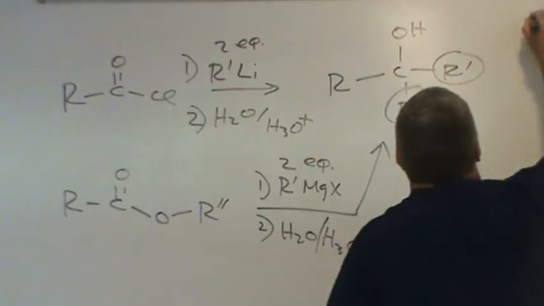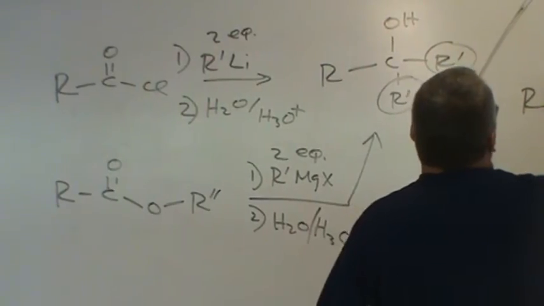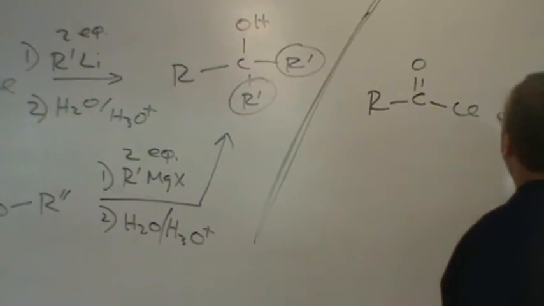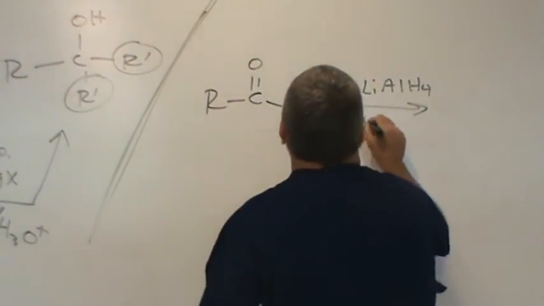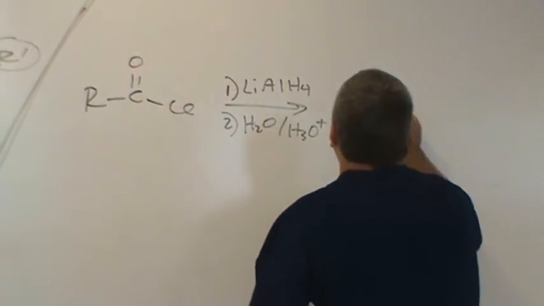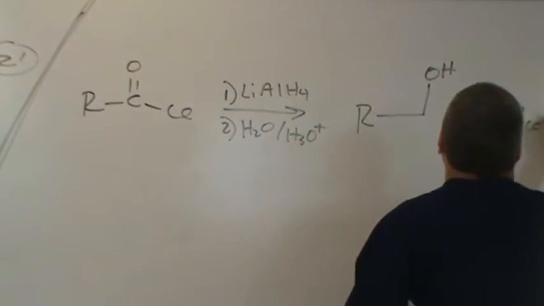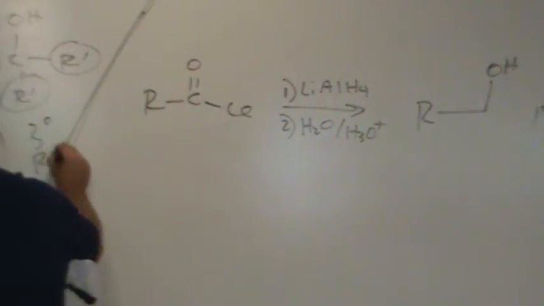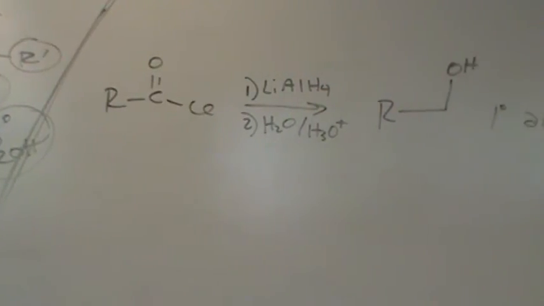Well, I want you to go back into your notes or into your brain and recall that if you treat the acid chloride with lithium aluminum hydride in the first step, followed by H2O, H3O plus in the second step, then you can convert this into the corresponding primary alcohol. So we make tertiary alcohol over here, and we can make primary alcohol using lithium aluminum hydride.